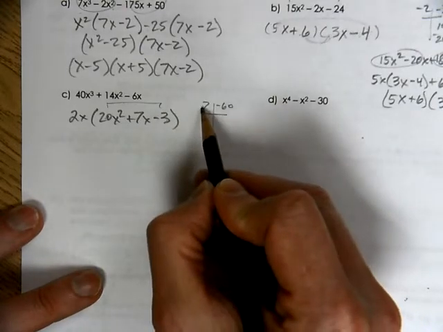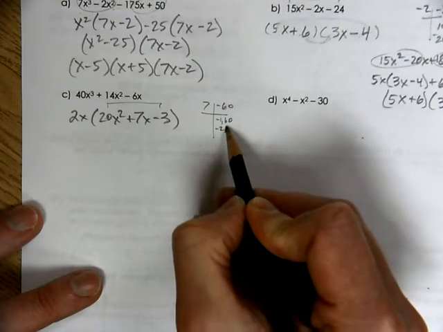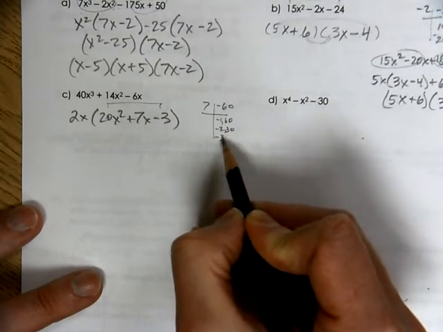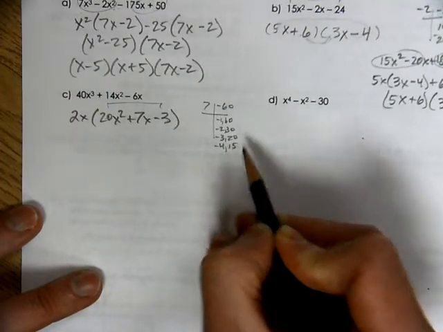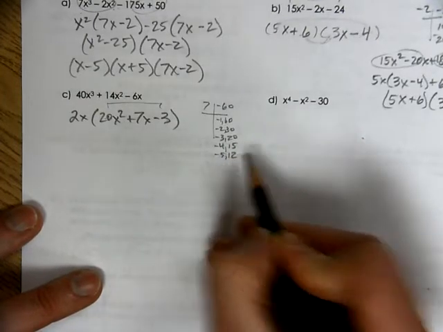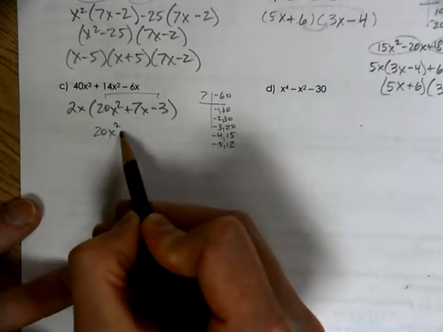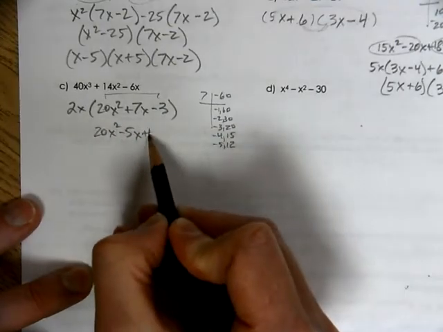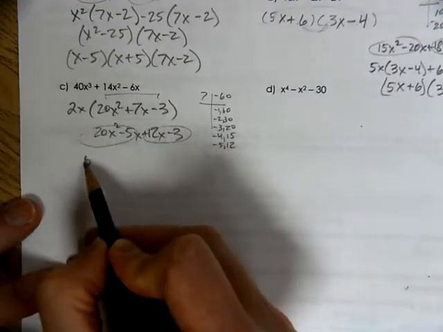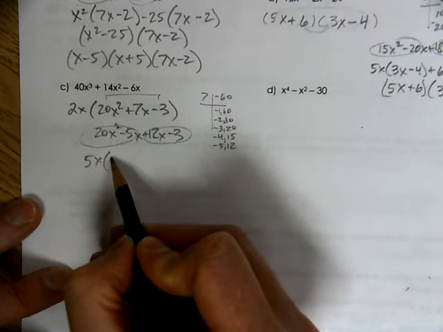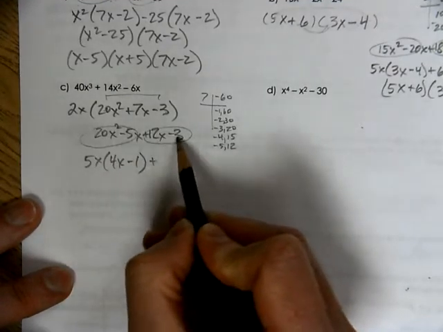But we know that the larger number has to be positive, so negative 1 and 60, negative 2 and 30, negative 3 and 20, negative 4 and 15, negative 5 and 12. There's your 7. So we would say 20x squared minus 5x plus 12x minus 3, and we can just use factor by grouping method to factor this apart.